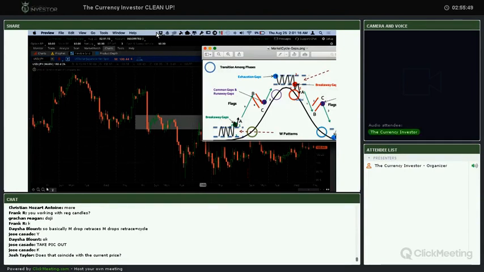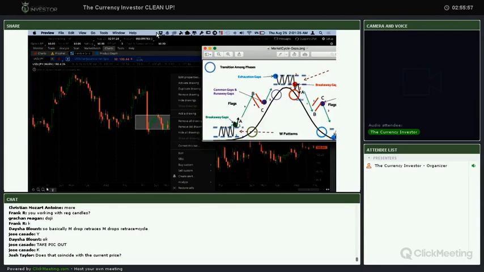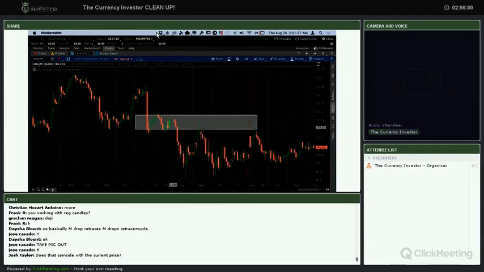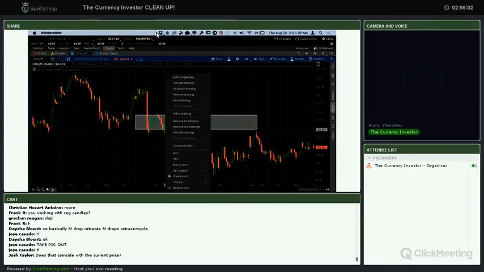Price retraces back. Now, if we're doing this the right way, the last known level of support, which is right here, we're putting this on the candles.